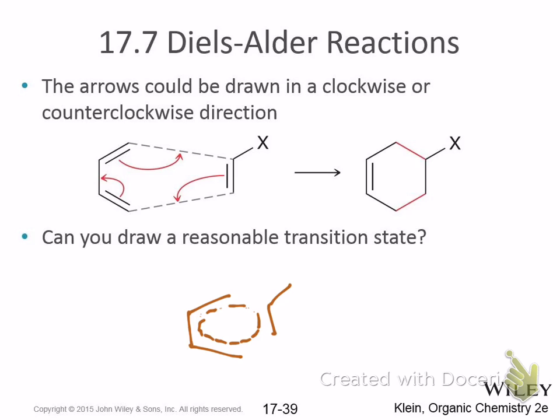You can draw all the electrons delocalized in a ring, sort of like it is in benzene, between all the positions where the electrons go. And it doesn't matter which way you draw the electrons going. It can be either clockwise or counterclockwise.